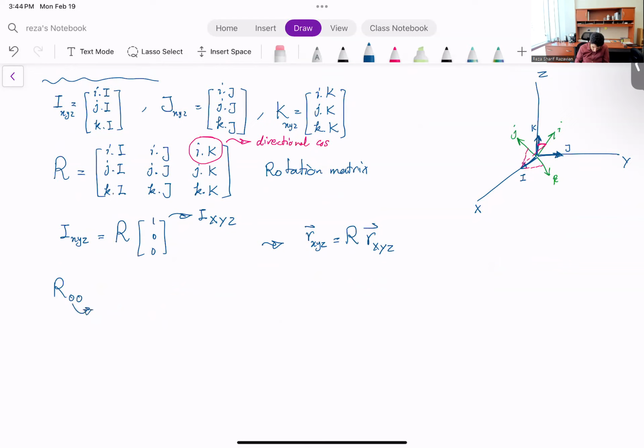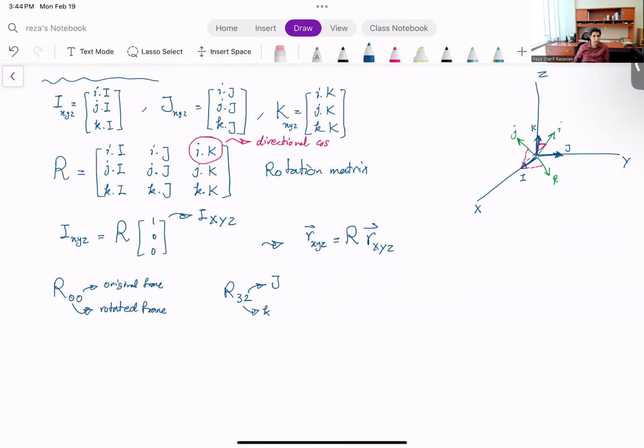The first index is the rotated frame, and the second one that covers the columns is the original frame. For instance, R32 is little k and big J.